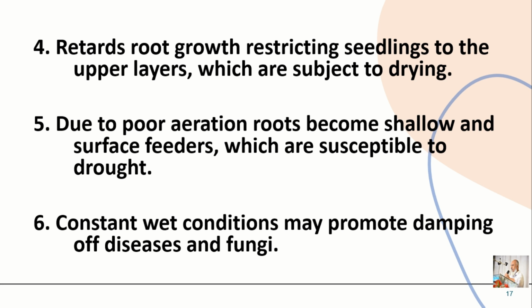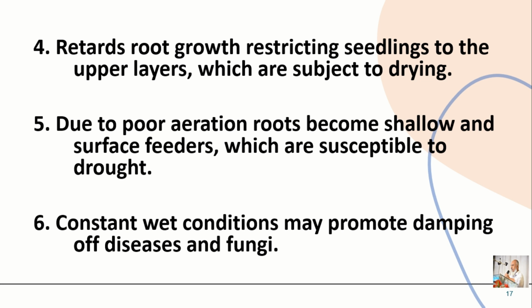They would be damaged by the wind, rooted away, blown away. Due to poor aeration, roots become shallow and surface feeders, which are susceptible to drought. Again, a shallow root system is there because they cannot penetrate, they cannot reach the deeper layers. Therefore, they become drought prone.